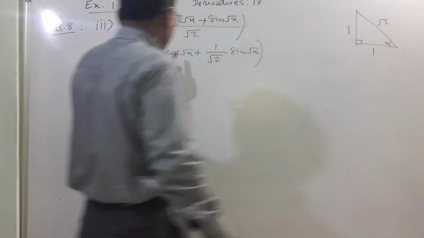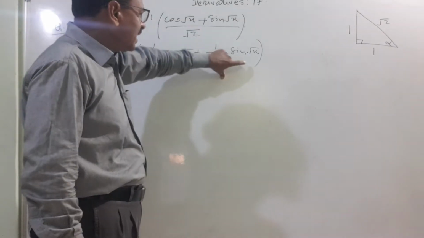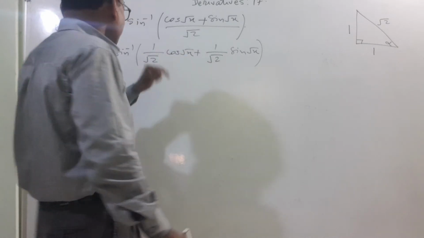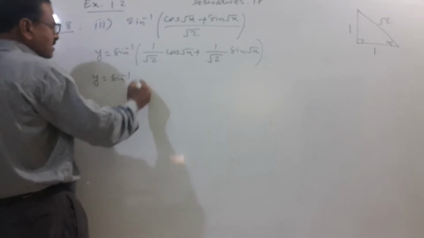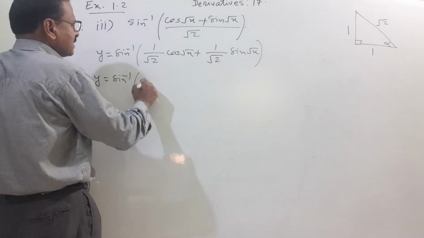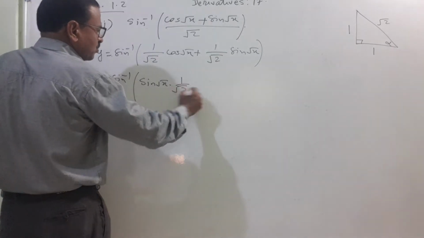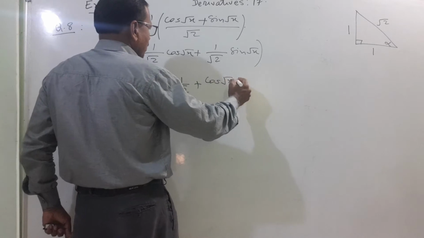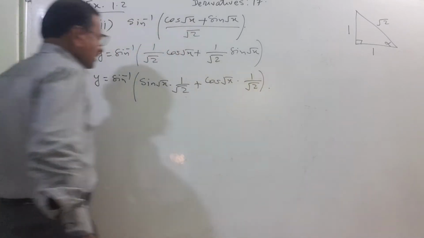Now here it is cos, so here it should definitely be sine. Or you can alter this, sine, this cos, then cos, this sine. So y is equal to sine inverse of, this I will take as sine of root x into 1 upon root 2 plus cos of root x into 1 upon root 2.